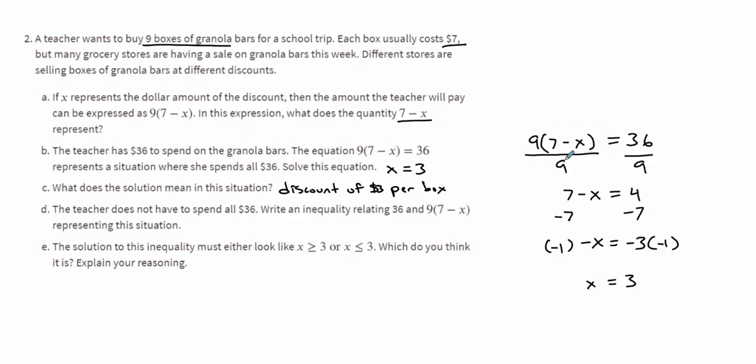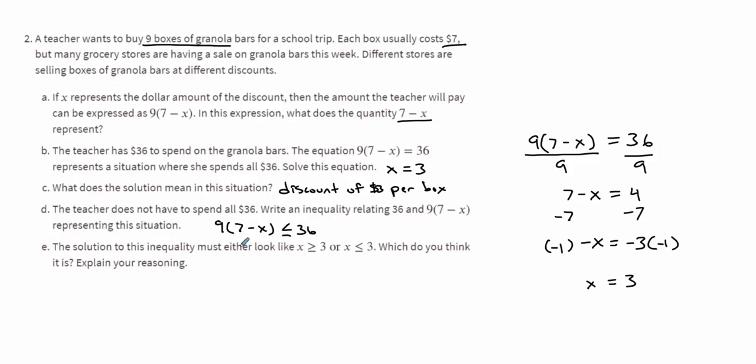So the amount of money she spends here, 9 times the quantity 7 minus x, can also be less than or equal to 36. So she can spend less than $36. She can't spend more. We can't turn this inequality around and make this greater than 36 if all she has to spend is $36.